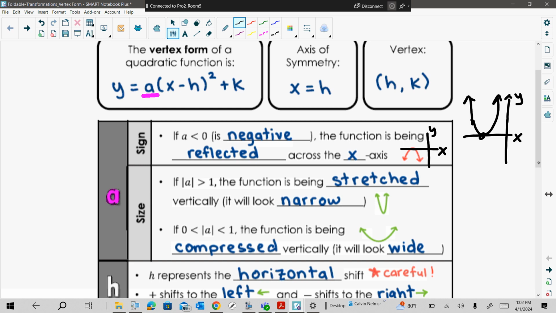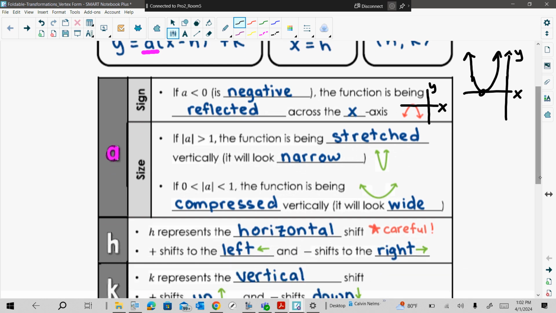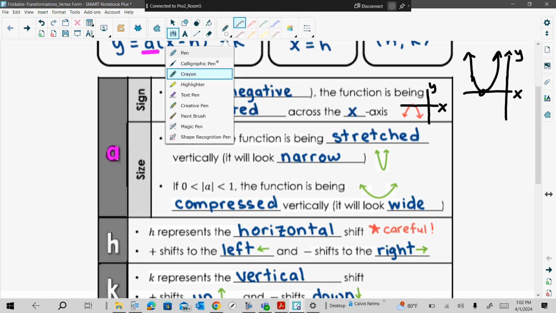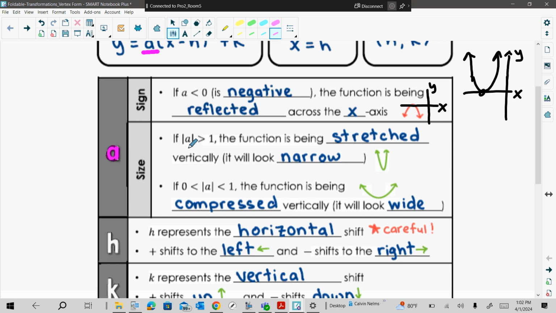Now, the other thing is, if the A is a number greater than 1, this is what's going to happen. This is stating a number greater than 1. We call that a stretch. Basically, this is how you need to know what it will look like. It will look narrow.